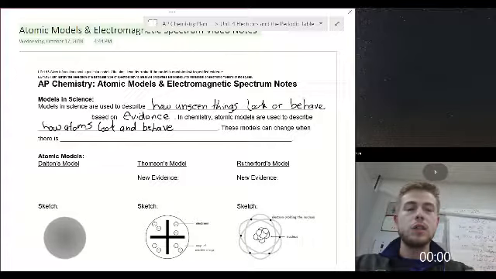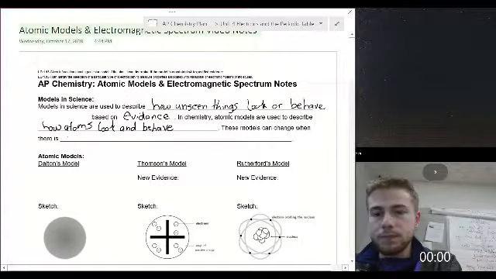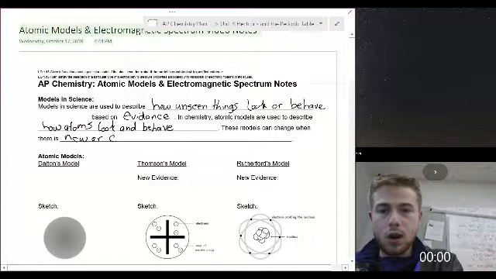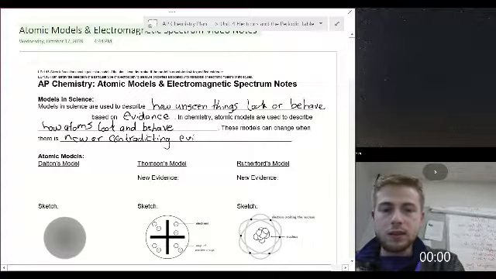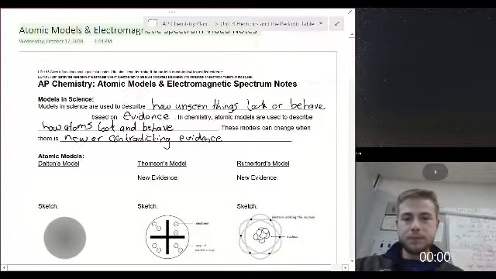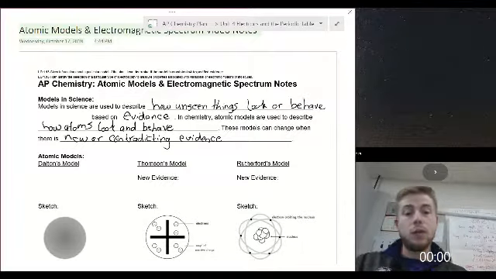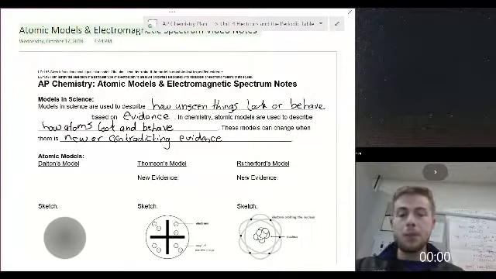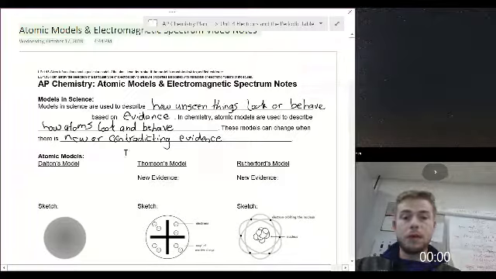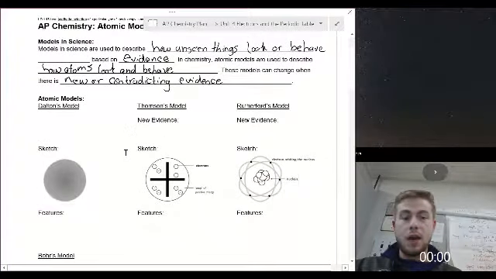So these models can change when there is any new or contradicting evidence. And contradicting just means it goes against what you think you know. We'll go through a couple examples of just that with the atomic model.